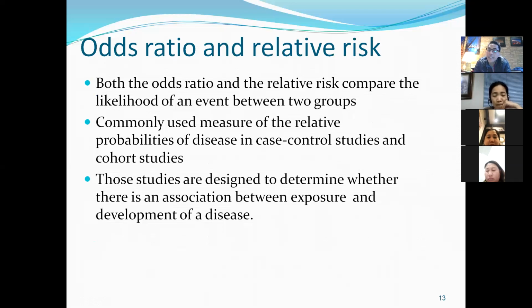Those studies are designed to determine whether there is association. And when we look at association, it means correlation between exposure and development of disease. So exposure, disease. And that's basically the premise of the use of odds ratio and relative risk.